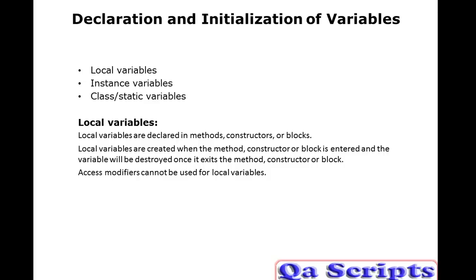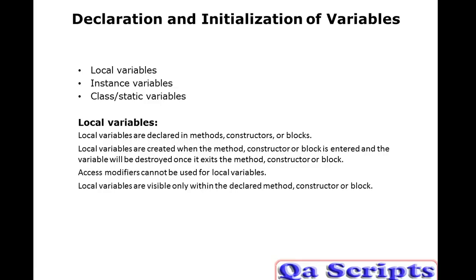Again, I have explained these access modifiers in another video with a detailed explanation. As of now, think that access modifiers are simple keywords. Those keywords will change your variable or method visibility in another class or in the same class. So those keywords cannot be used for local variables.